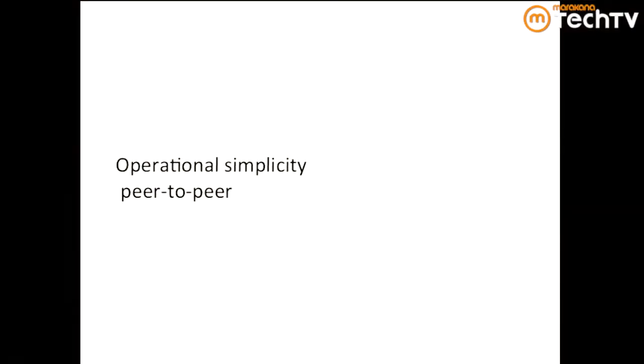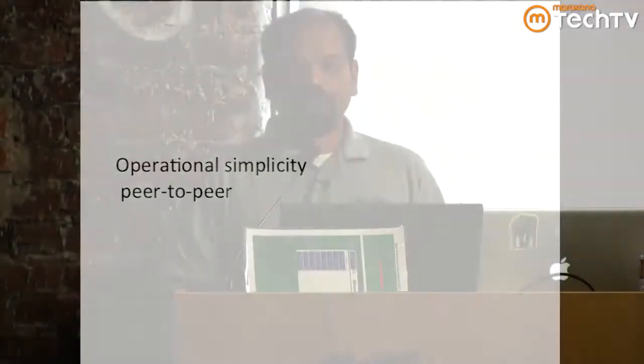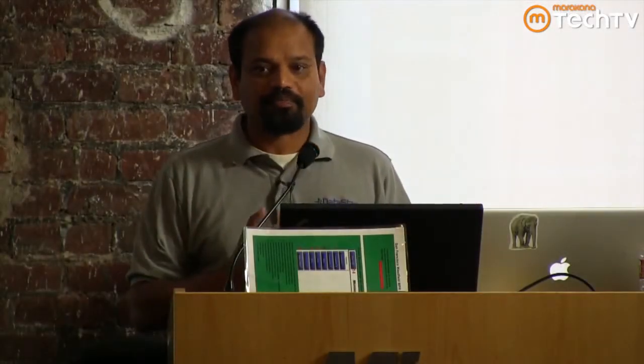So, why Cassandra? It's operationally simple. Cassandra inherits a lot of its distribution model from Dynamo, Amazon's large-scale store, and has a schema from Bigtable. But for the most part, in the distribution model, every node is peer-to-peer.